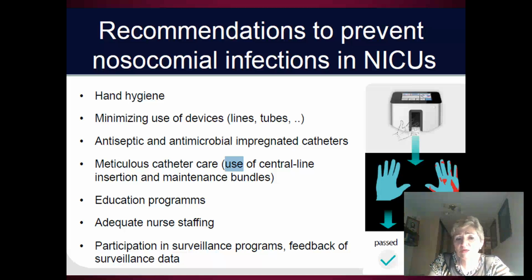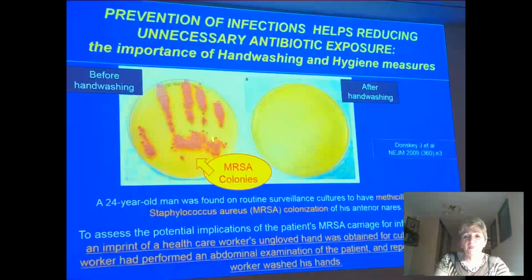Next, a very important educational program for medical staff, adequate nurse staffing, participation in surveillance programs, and feedback of surveillance data. In this case, we can see how to check hand hygiene.